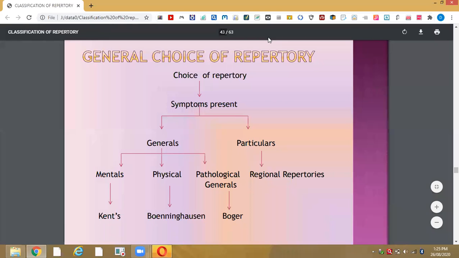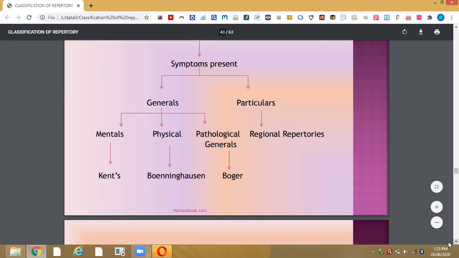Then if we find only particular symptoms most prominently in the case, we select the regional repertories, which in short means the clinical repertories, because the symptoms are particular symptoms, they are clinical symptoms, and they cover the region, part of the body, system of the person, or the whole person with the clinical symptoms. So according to the classification and sub-classification, we can choose the repertory.